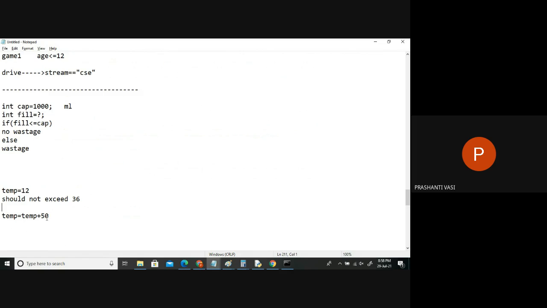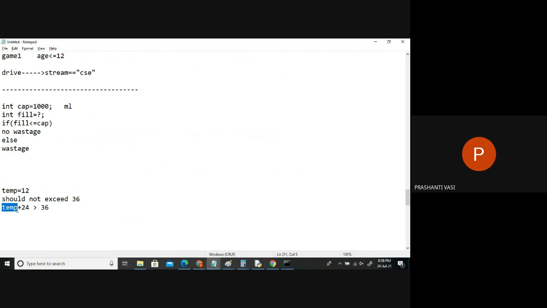So what should I do in this particular calculation? I have to always check is the temperature less than 36 or not. Which temperature? The increased temperature. Don't change the temperature initially. I will only change the temperature if I check that the current temperature after adding this value, whatever value you are adding here, should not exceed 36.